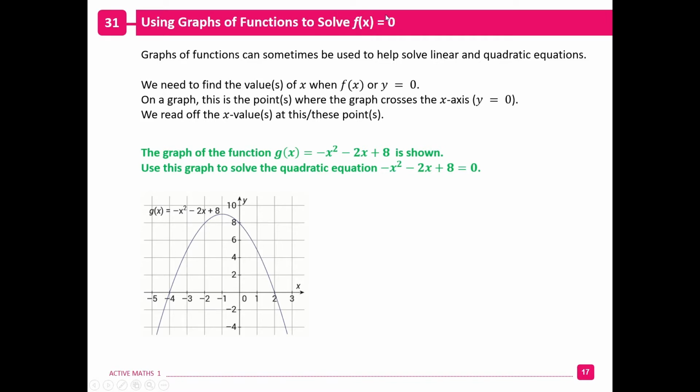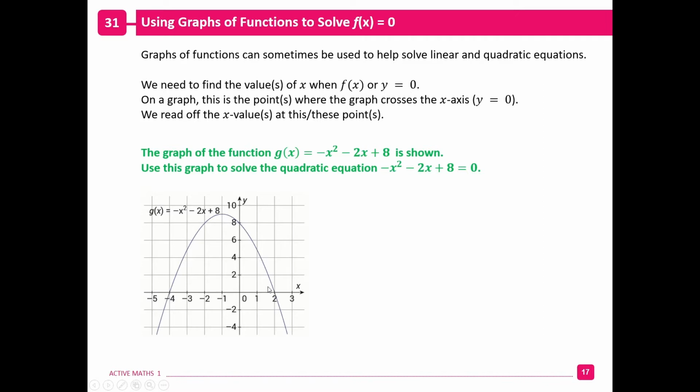It all means the same thing. It means that we must look at the function and find the place or places where it crosses the x-axis. Because if you look at this x-axis, the black line that goes across here with all our numbers on, every single one of them has the y-coordinate of 0. And we're trying to find when y does equal 0. So we're looking for where it crosses this x-axis.